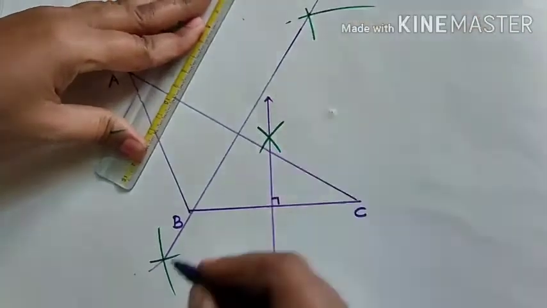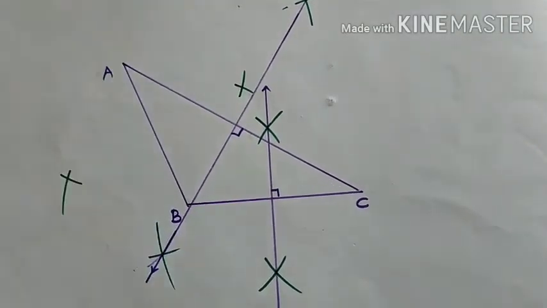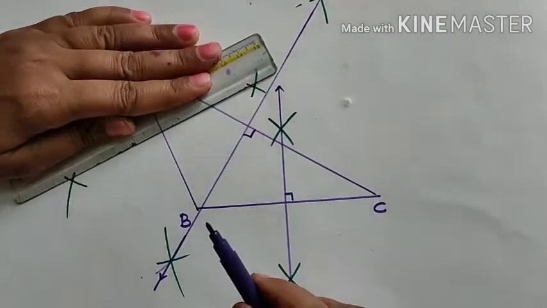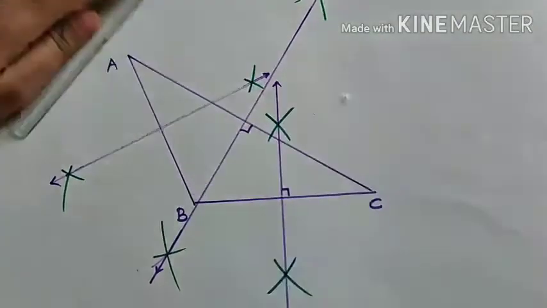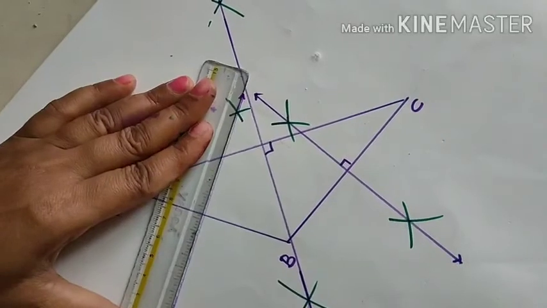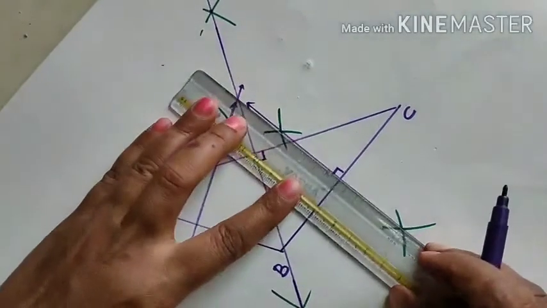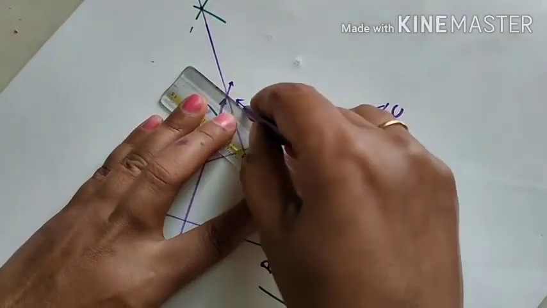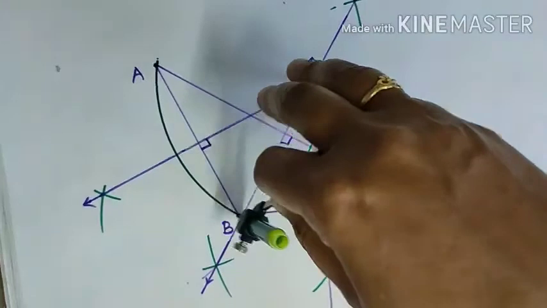Now, in obtuse angle triangle, the point of concurrence lies outside the triangle. Point C is outside this triangle.